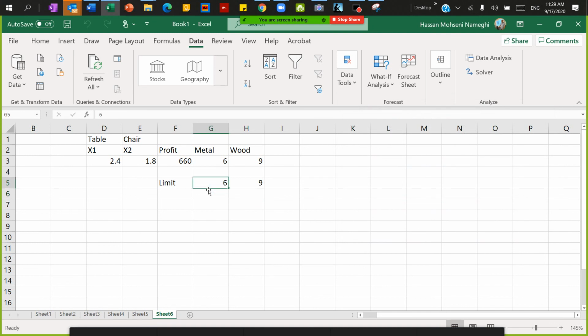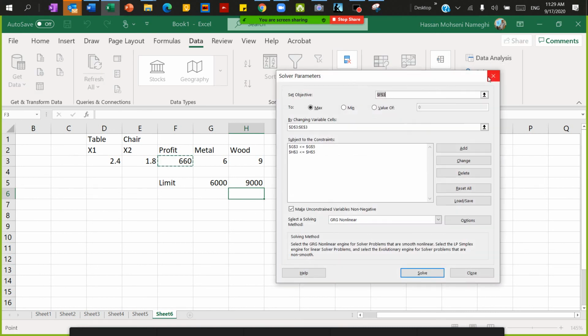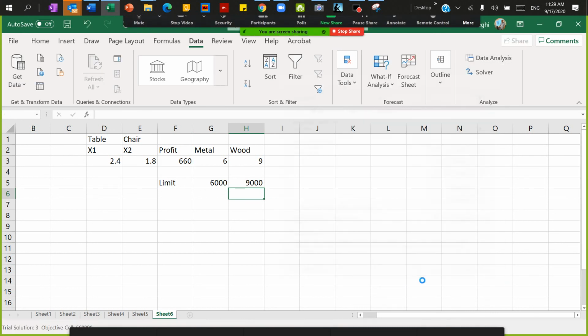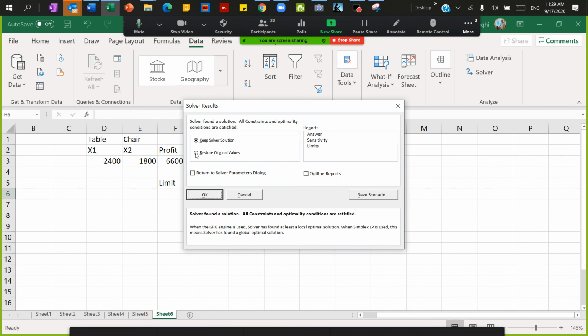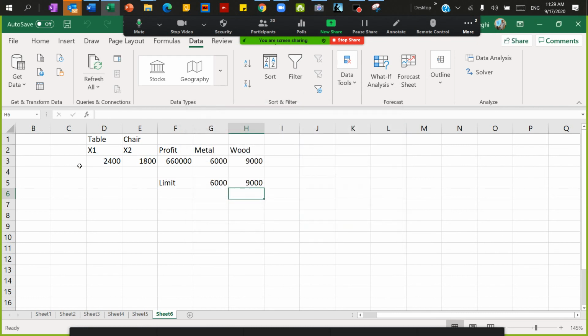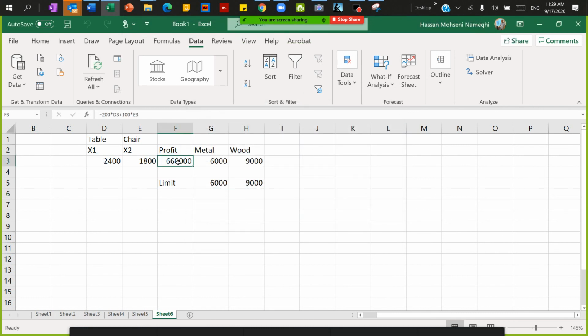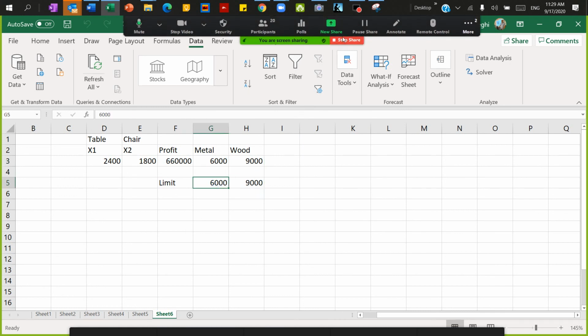Let me repeat this process with 6,000 and 9,000. Now I go to Solver and hit Solve again, which makes sense. Make 2,400 of this and 1,800 of this. You make this much money, and these are my limitations. So I go back to your question.